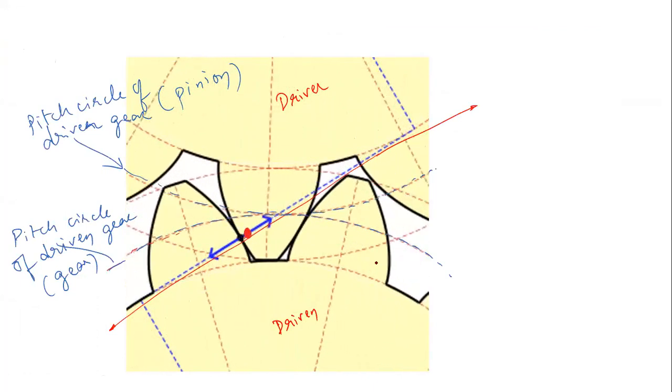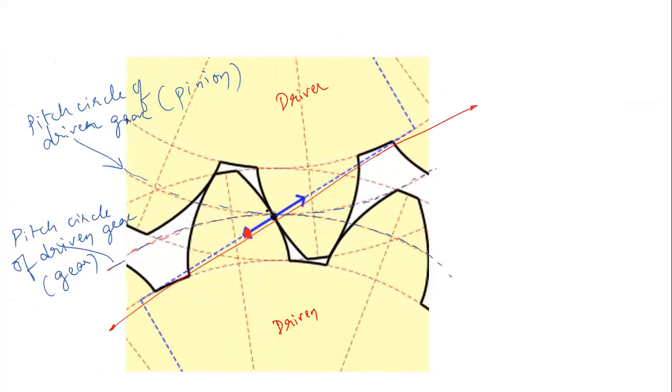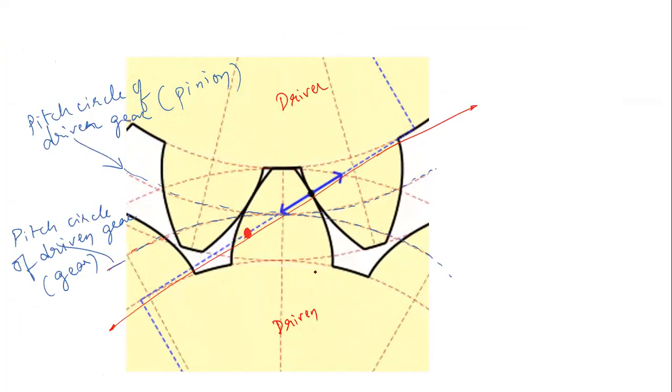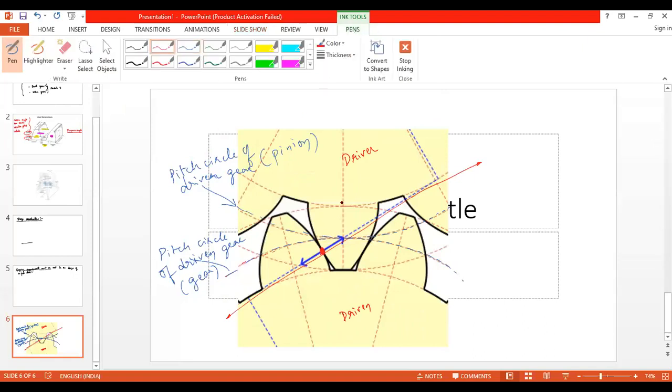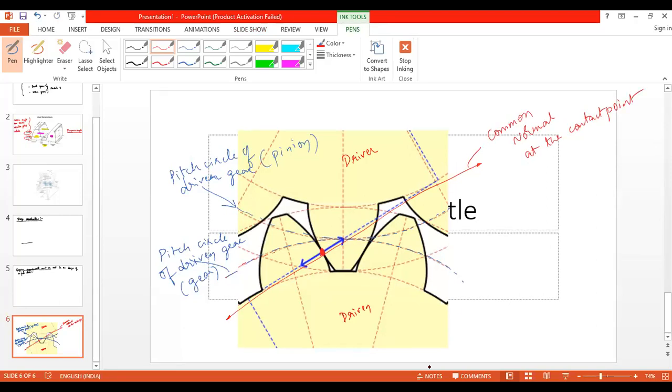Okay, here all of you listen carefully. This line is known as the common normal at the contact point.